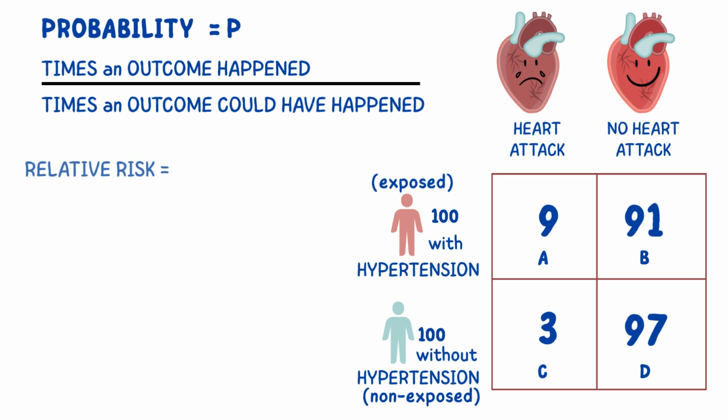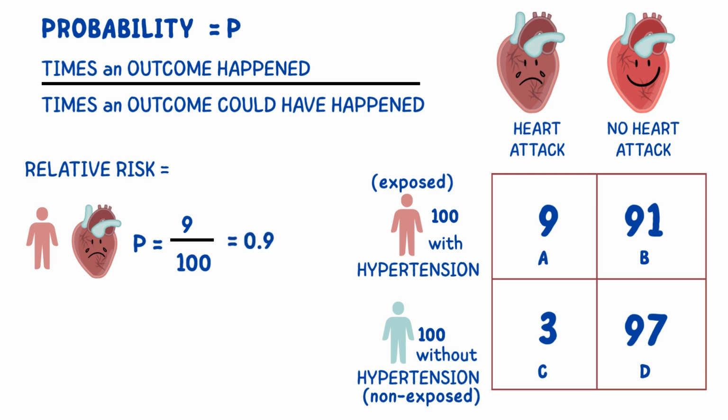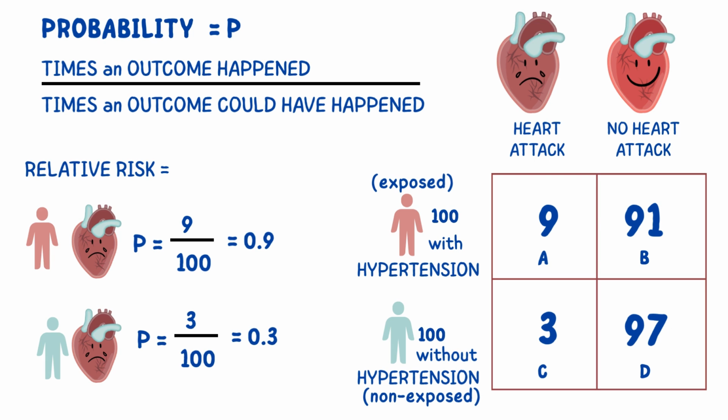To calculate the relative risk, we need the probability of having a heart attack in the group with hypertension, so cell A, 9, divided by cell A plus cell B, or 100, which gives us 0.09. We also need the probability of having a heart attack in the group that doesn't have hypertension, so cell C, 3, divided by cell C plus cell D, 100, which gives us 0.03.